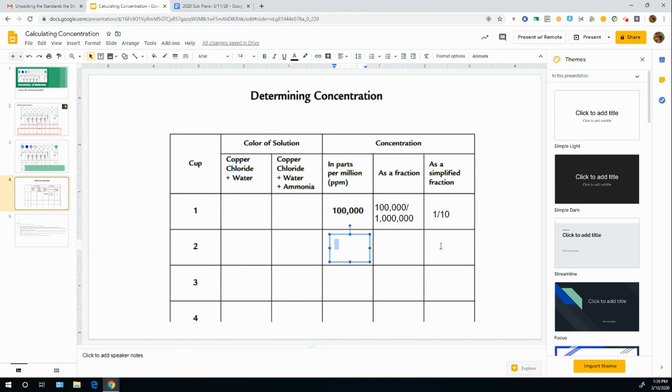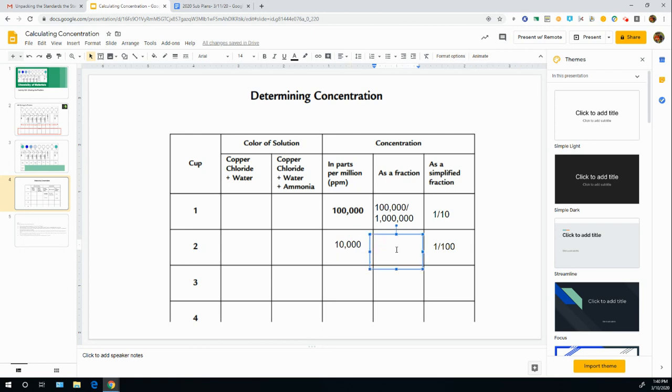In other words, the concentration in cup 2 is 1/100th of that in cup number 1. Another way of saying this is if we were to take the 100,000 parts and reduce that by 1/10, we would end up with 10,000 parts per million.